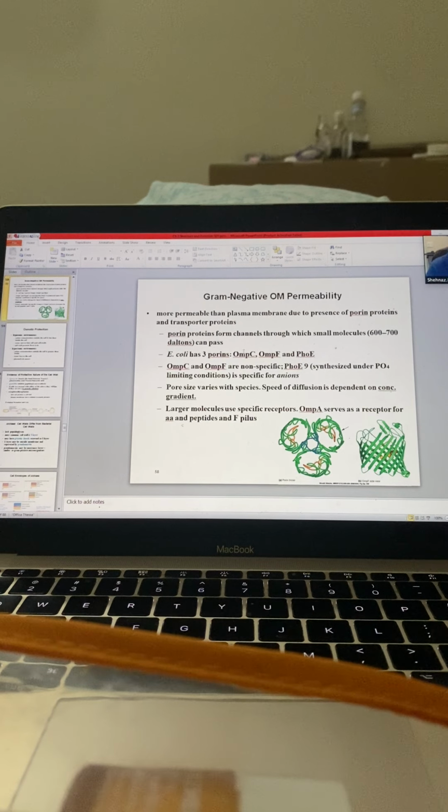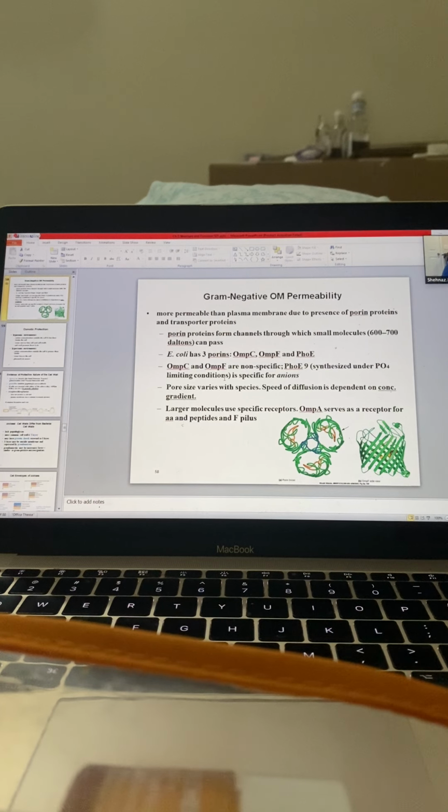So it's telling you this is a gram-negative function, in gram-negative only, the outer membrane. OMP-C and OMP-F are non-specific as to what they allow, except for the size. Whilst PhoE is a very specific channel or porin protein that is synthesized only under phosphate limiting conditions.